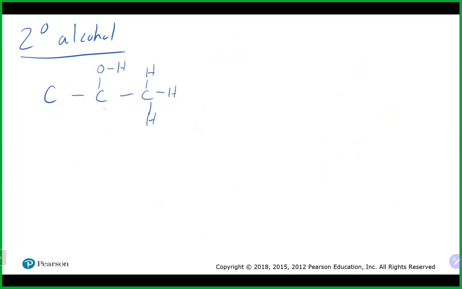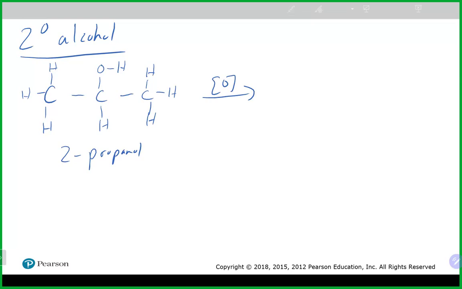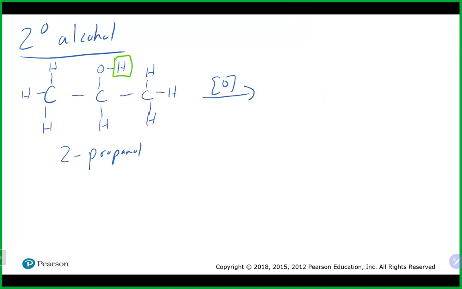Let's take a lookie. We'll take this guy right here. This is 2-propanol, right? So you tell me, I'm going to oxidize this. Which hydrogen should go off for sure? The one that's attached here, right? And the second hydrogen should come from the carbon, right? That's attached to the oxygen.